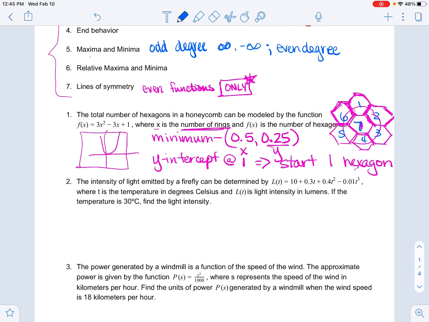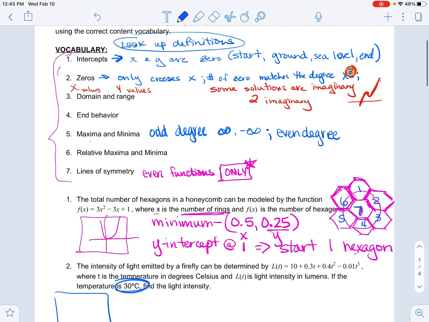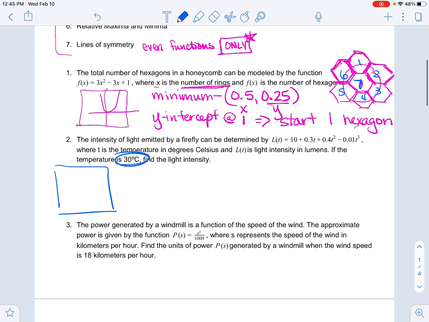Question number 2, or on all of these, when it gives you a solution, the first thing I want you to do is graph it, because that's what the first standard says, graph a real world situation with technology, and then we're going to talk about some pieces. So here we're going to talk about what happens when the temperature is 30 degrees.